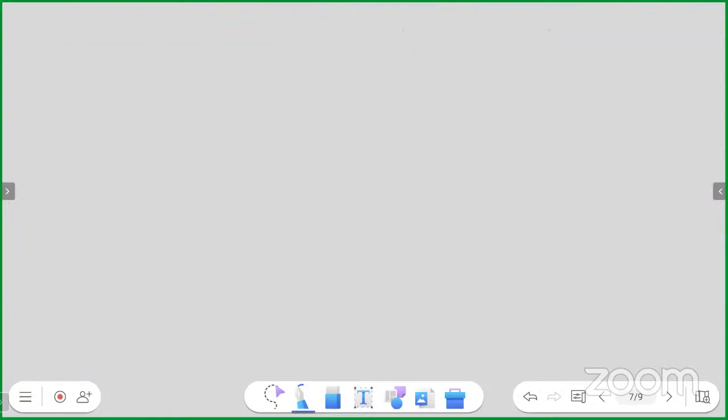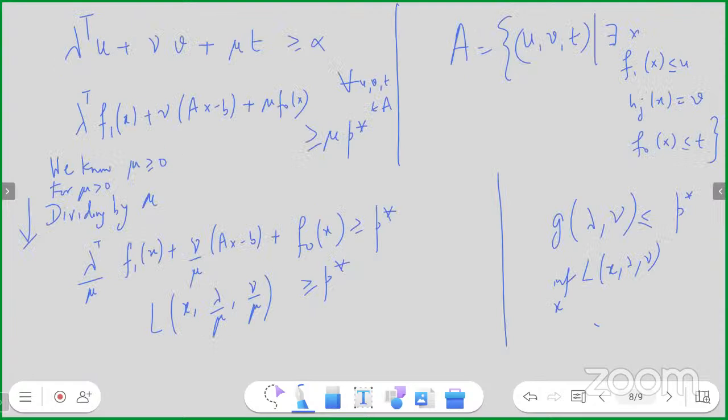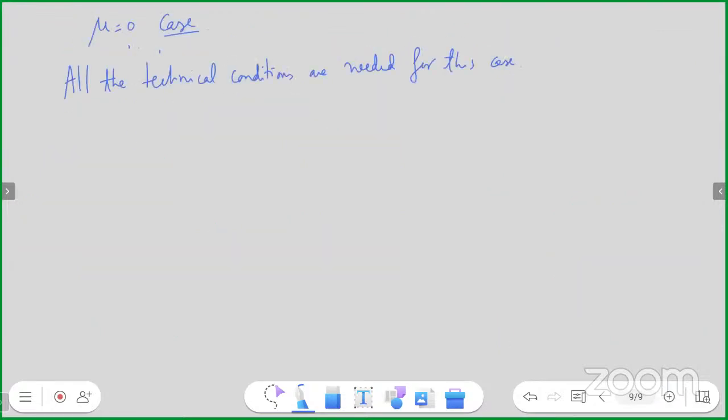This is also true for mu greater than or equal to 0. We already handled mu greater than 0. Now look at mu equal to 0. This term will drop out. This will be greater than or equal to 0. That's all we have. So lambda x plus mu.